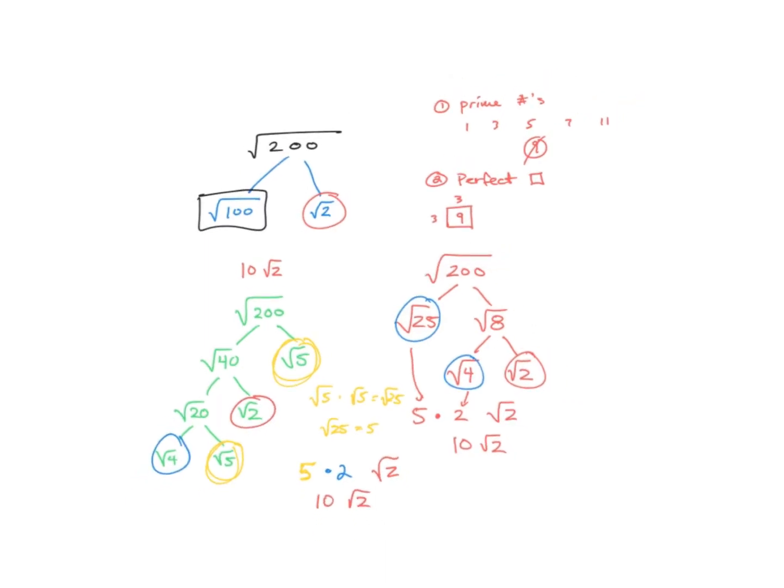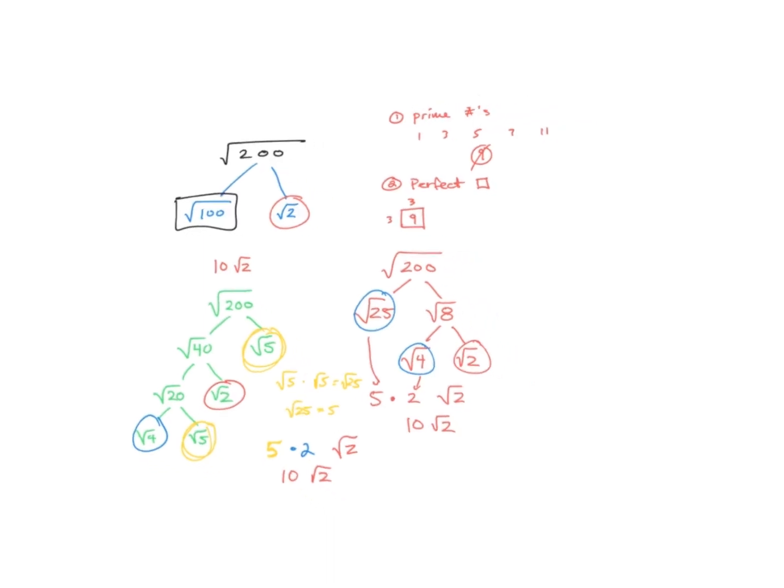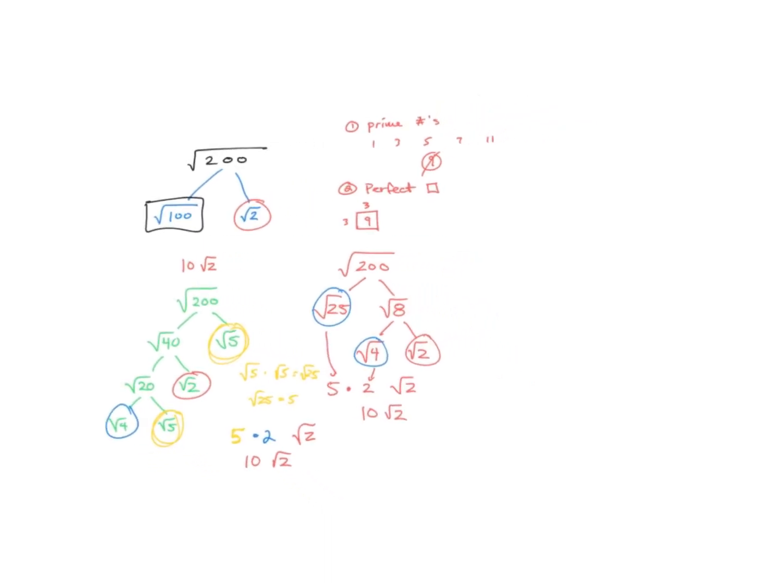And this can be done for any number. One I like to bring up too is 150, and here's why. 150 is going to break down to 25 and 6. Now 6 isn't a prime number, so you break it down to 2 and 3. But recognize what happens.